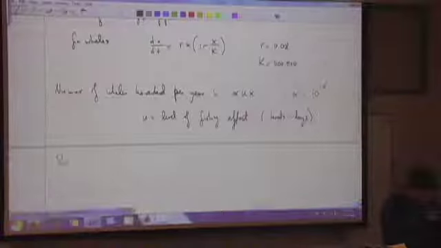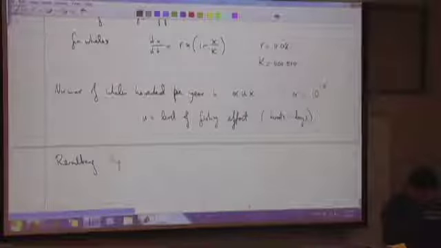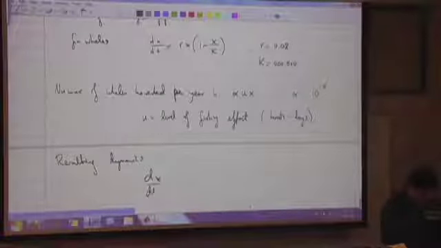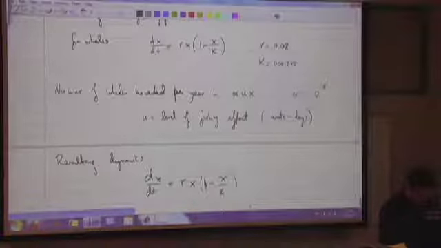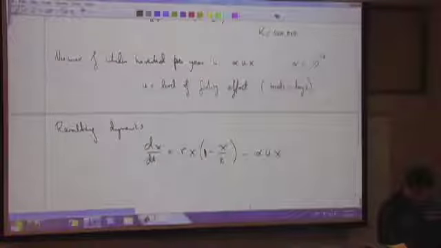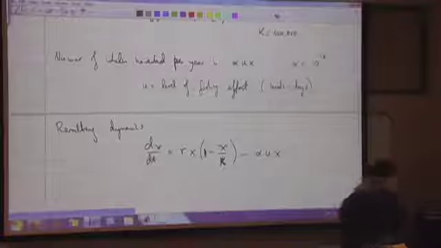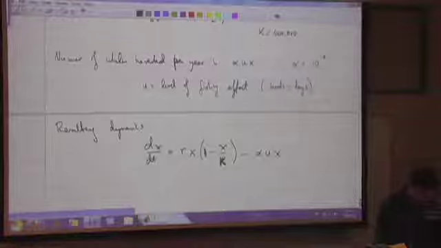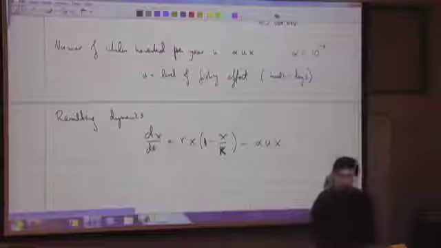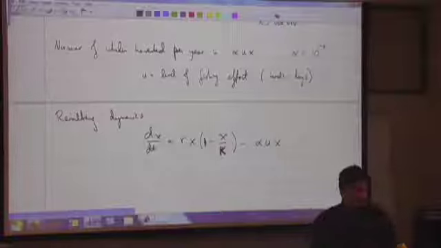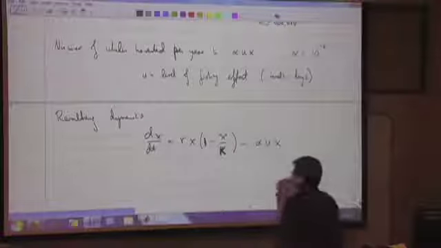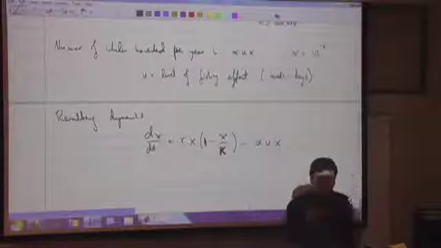So the resulting dynamical system, or the dynamics, is given by a differential equation, with a term minus alpha u x. Okay. So it's a minus because it's subtracting from that population when you harvest. Okay, so this looks like nothing different than what we've done. So you can study the steady states, you can study the stability, right?